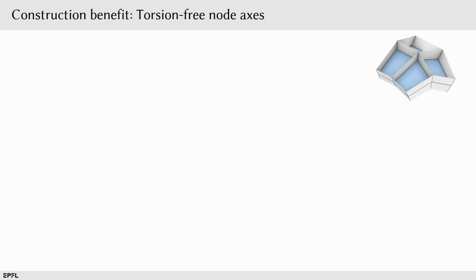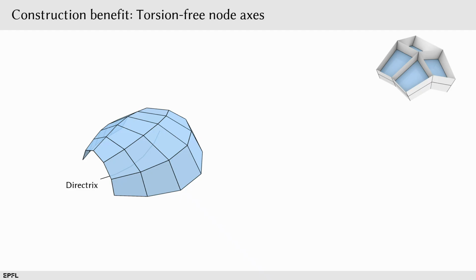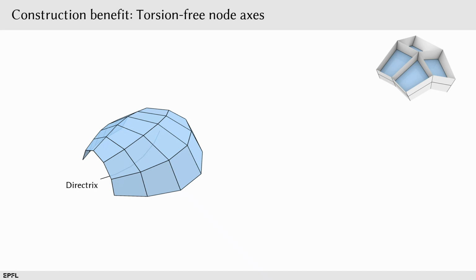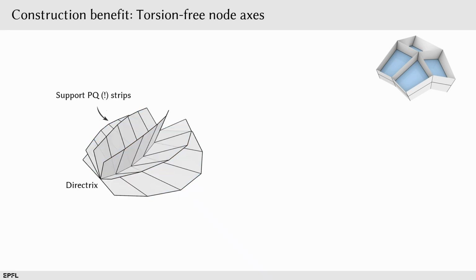And now we'll show how torsion-free support structures can be extracted directly from our construction. First, recall that the support strips of our construction consist of planar quads. Here the polylines of the mesh are connected to the directrix.